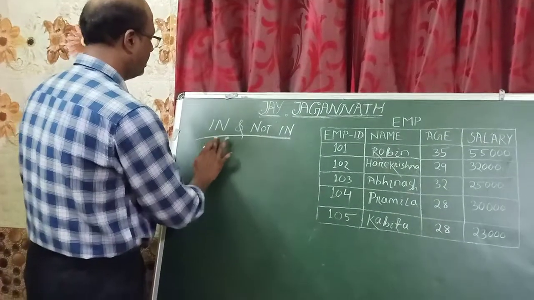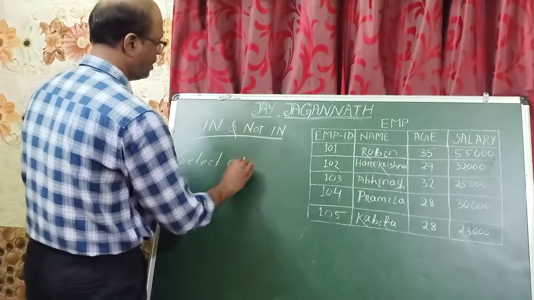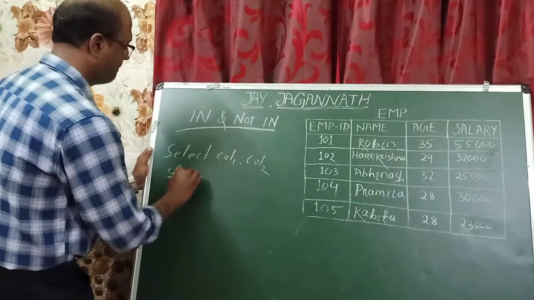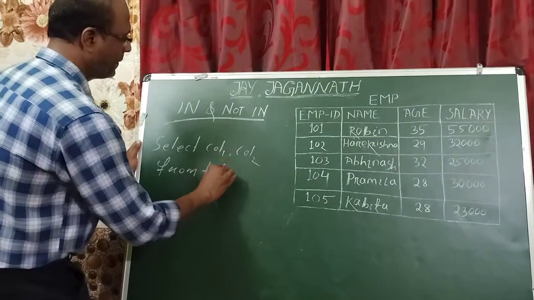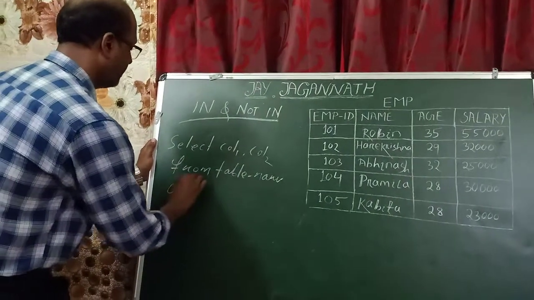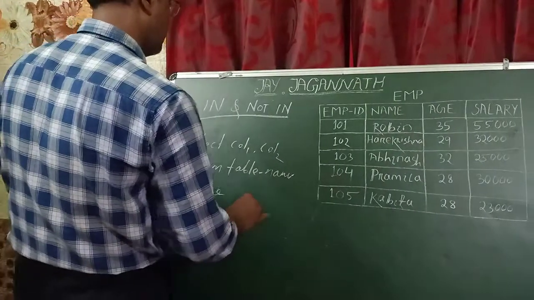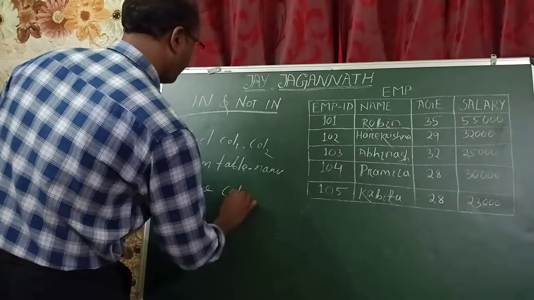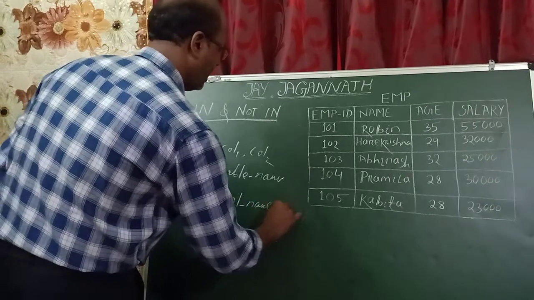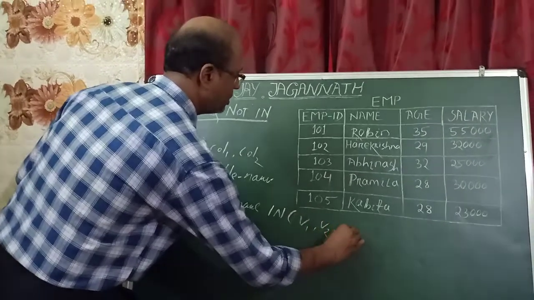I will show you. Select column 1, column 2 from table name where column name in value 1, value 2, value 3.